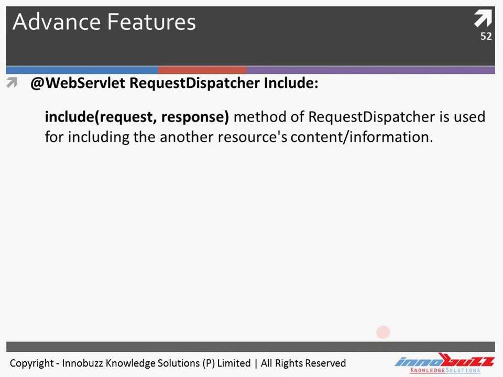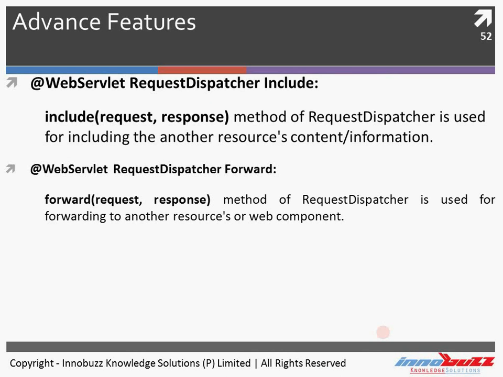So the include will include the request and response, which is the method of request dispatcher used for including another resource, content or information. So within the servlet class, if you want to include the content of a resource which is present externally within the same servlet, you can use this include, which is provided by request dispatcher.